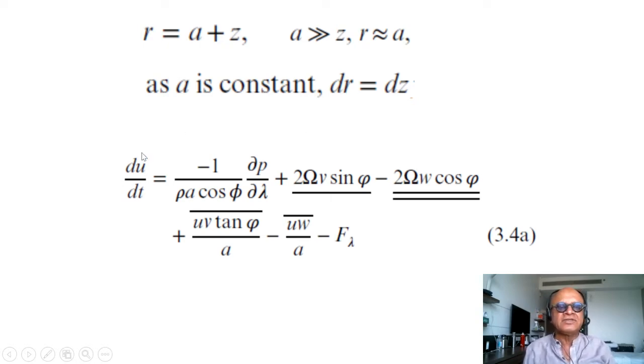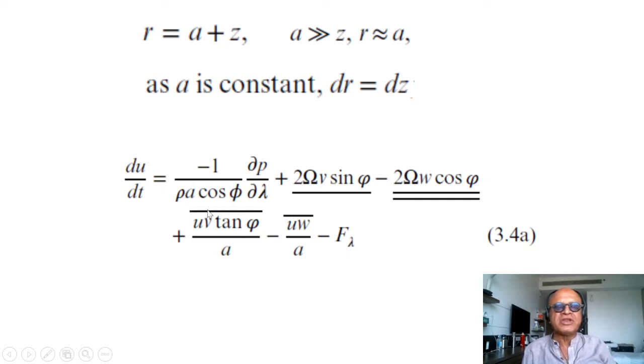And in that case, the acceleration term has minus 1 over rho a cosine phi dp d lambda plus 2 omega v sine phi, which is the vertical term, and you have minus 2 omega cosine phi, which is the horizontal term. So we have kept the terms of Coriolis here.